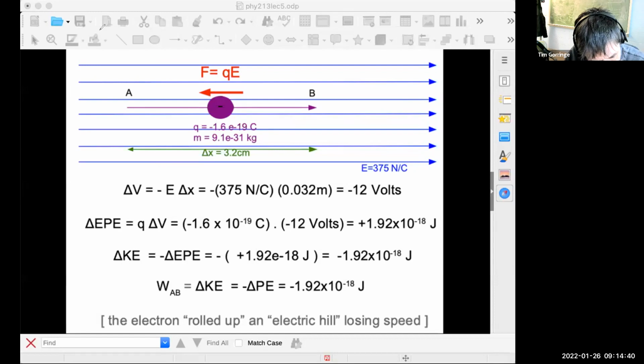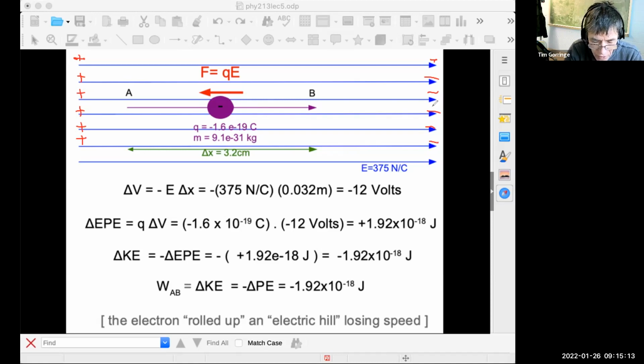So again, let's recall that we've got some distribution of positive charges over here on the left that are the source of the field lines, and some distribution of negative charges over here on the right that are the ends of the field lines. So in this case, this is a negative charge. It's moving from A to B. So it's moving closer to the other negative charges. It's moving further from the positive charges.